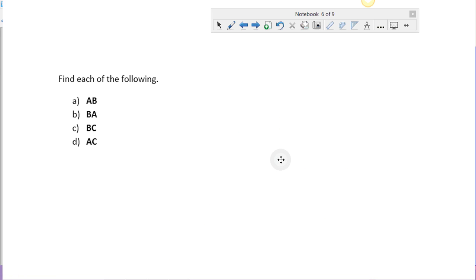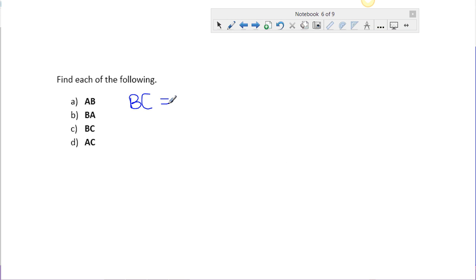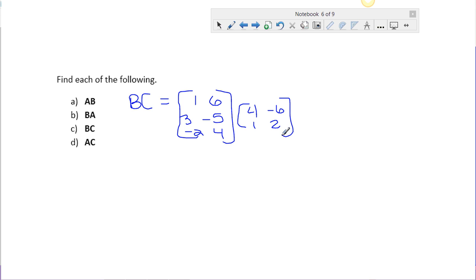The next one is B times C. Again, we write them down side by side. B is 1, 6, 3, negative 5, negative 2, 4. And C is 4, negative 6, 1, 2. Here we have a 3 by 2 and here a 2 by 2, so this is going to be a 3 by 2.